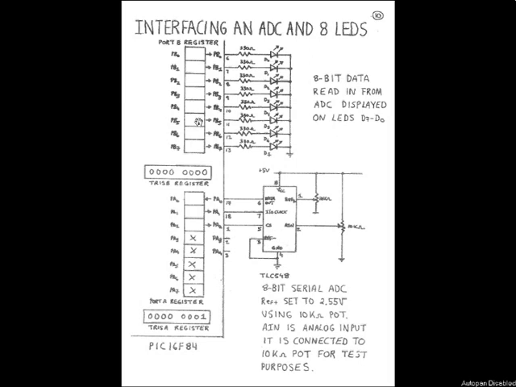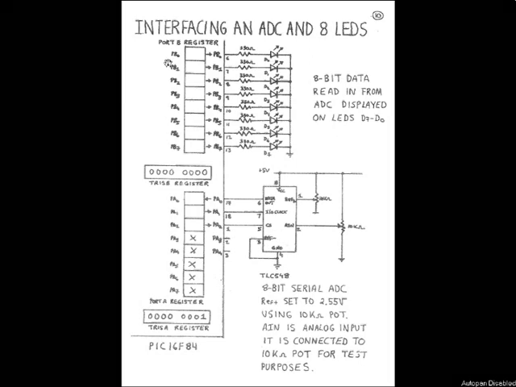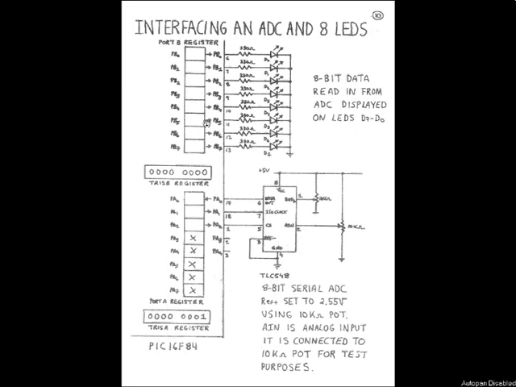Now I've talked about how we have to set up port B almost always as an output port, and there's no change here. Port B is internally wired to pins 6, 7, 8, 9, 10, 11, 12 and 13 of the PIC microcontroller, and they're the port B lines.